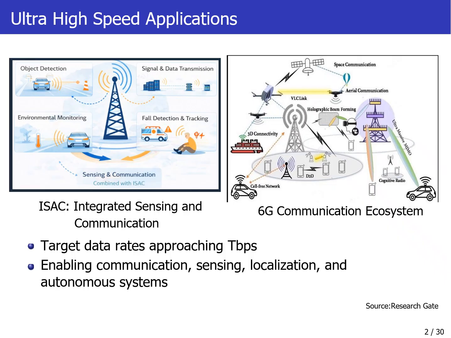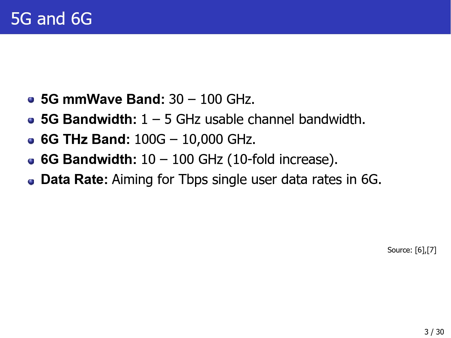To satisfy the increasing bandwidth demands, communication systems are moving towards millimeter wave and terahertz wave frequencies. So the enormous bandwidth available at terahertz frequencies enables extremely high data rates approaching terabit per second. For the 5G wave band, the band is from 30 to 100 gigahertz, and for each channel, the bandwidth is 1 to 5 gigahertz.